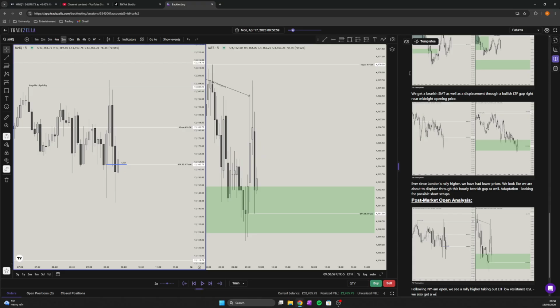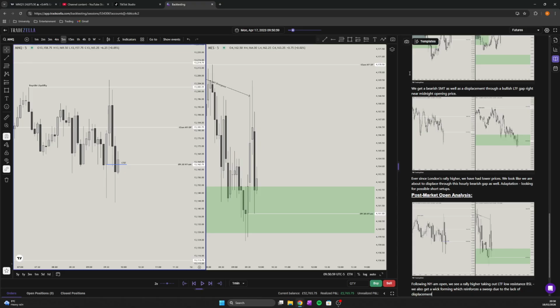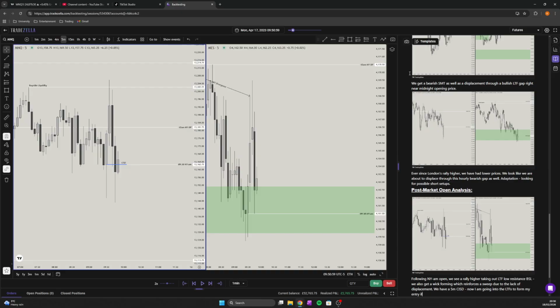We also get a wick forming, which reinforces a sweep due to the lack of displacement. We have a 5 minute change in state delivery. Now I am going into the LTFs to form my entry if available.